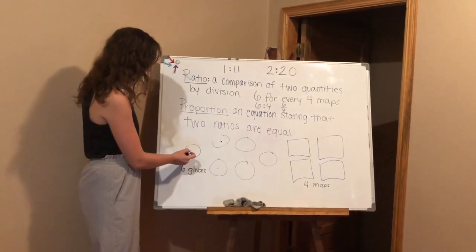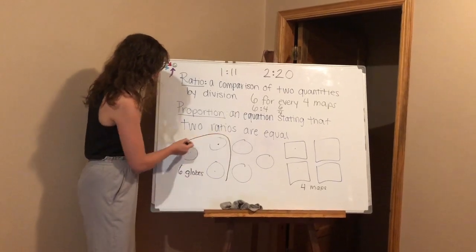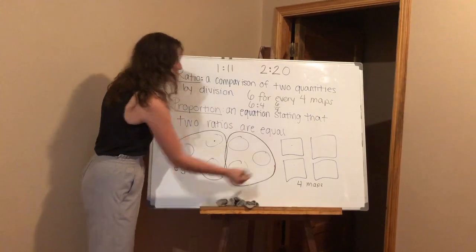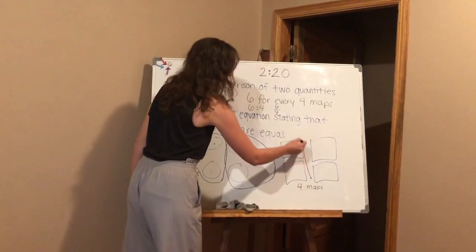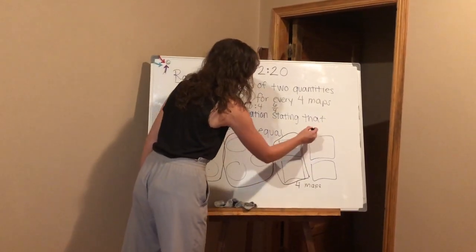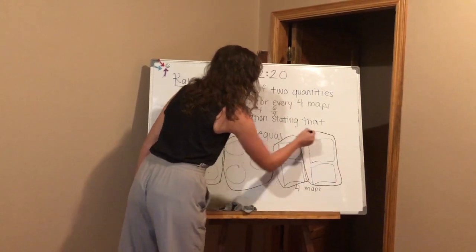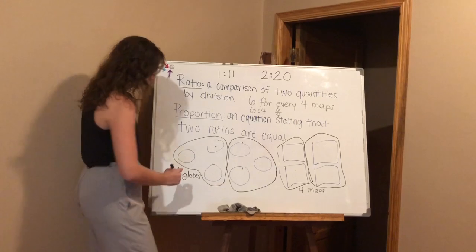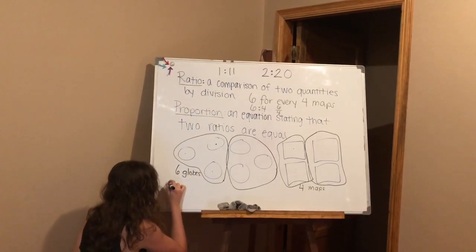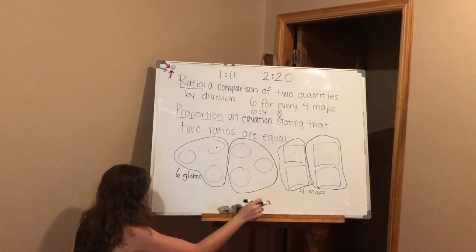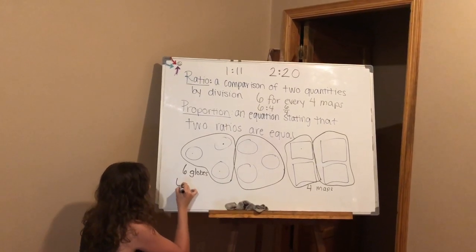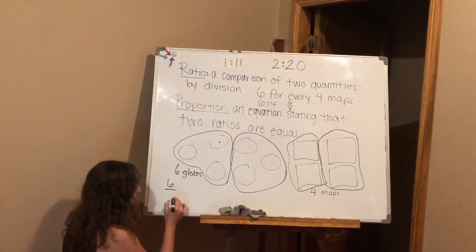Because we have two equal sets of 3 globes, and we have 2 equal sets of 2 maps. So for each 3 globes that we have, 2 maps.